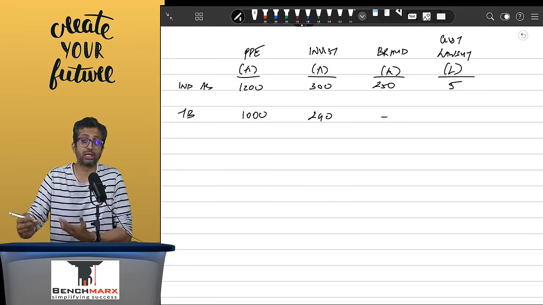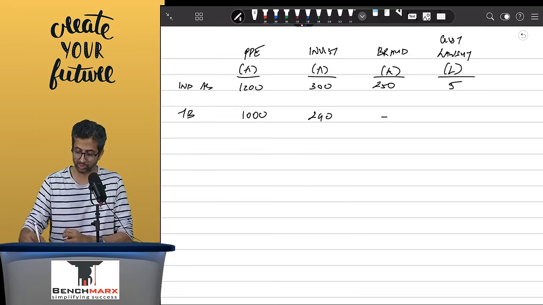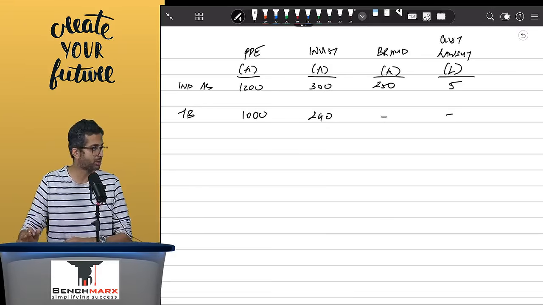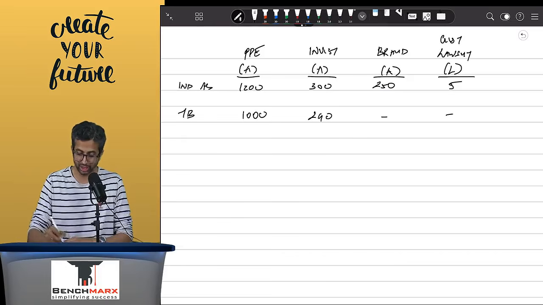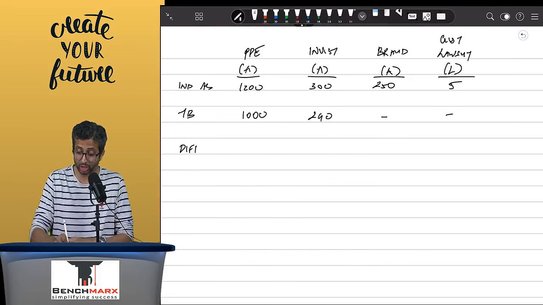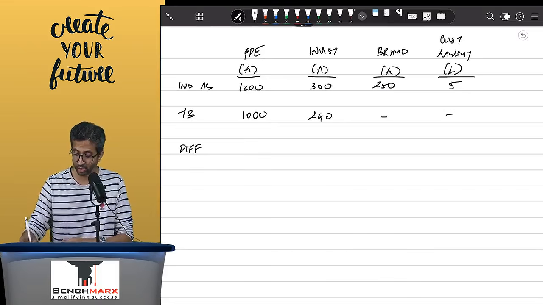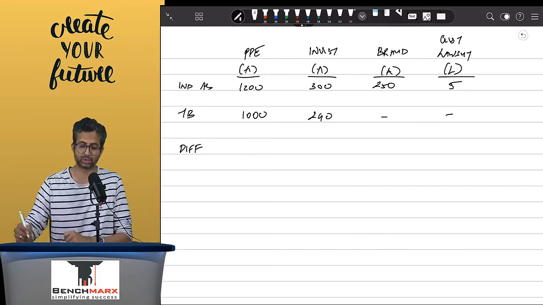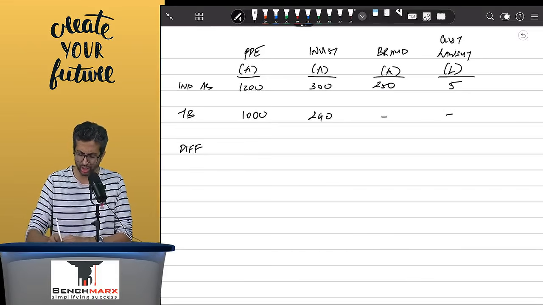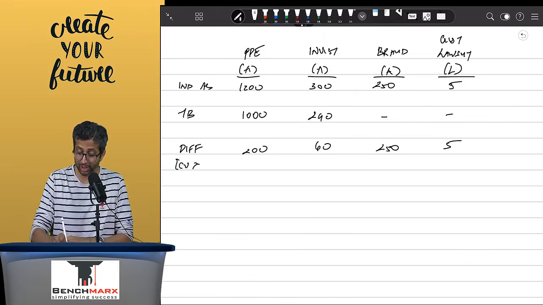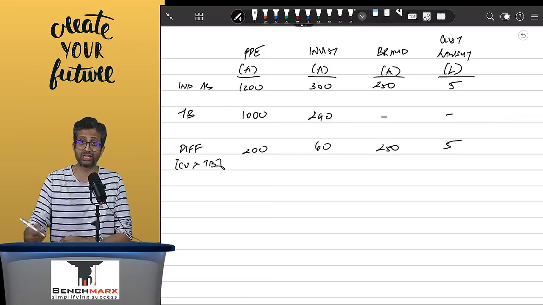The question very clearly tells you it has 0 cost for tax purposes, and also the customer lawsuit liability is not appearing in the standalone books, so it will not have any income tax consequences even individually. So there is a difference. You can either take the total. What ICAI has done is they have taken the total. They have said that all of these are assets, the last one is a liability. You can take the total, or you can do it individually. This is 200, this is 60, 250 and 5. Each of these places you have carrying value greater than the tax base, and hence the answer is opposite.